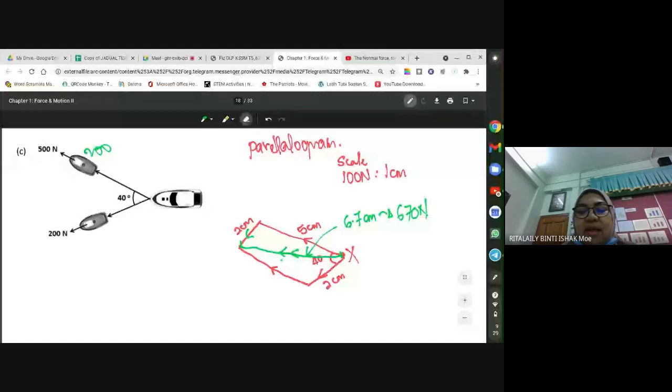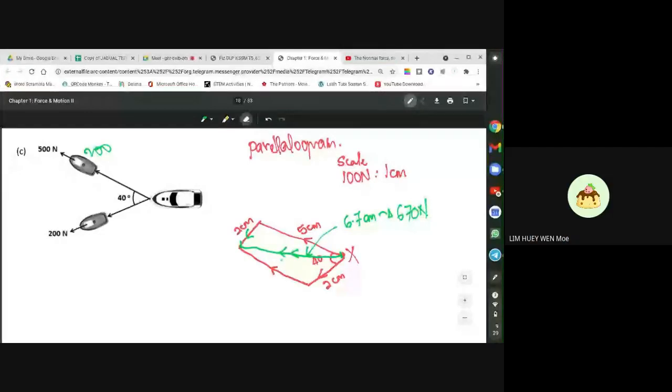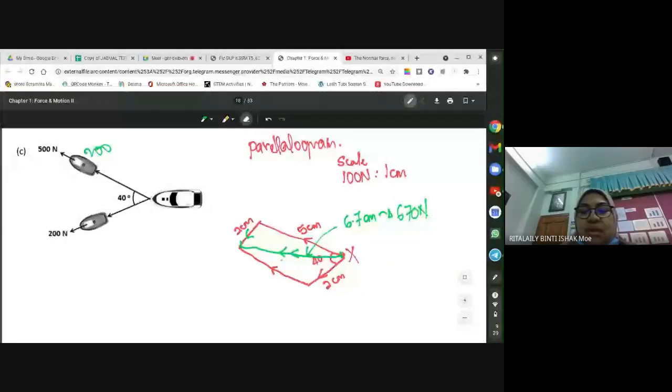Maybe your drawing is according to scale. You take 100 Newton to 1 cm, is it? Or are you using a different scale? I'm using the same scale. Okay, so you should get the same answer if you are using trigonometry.